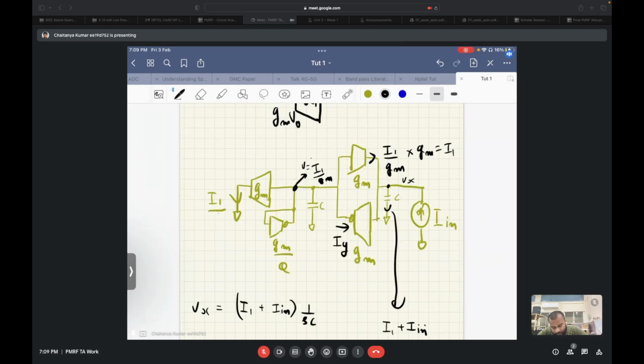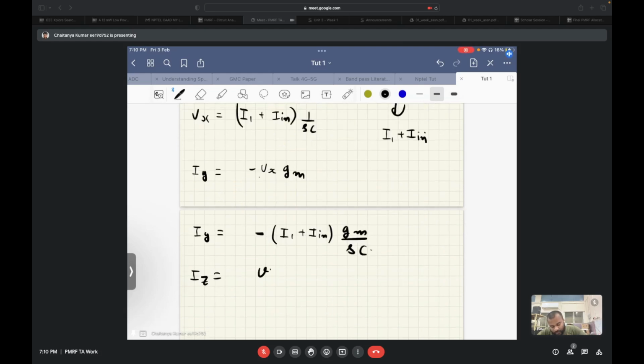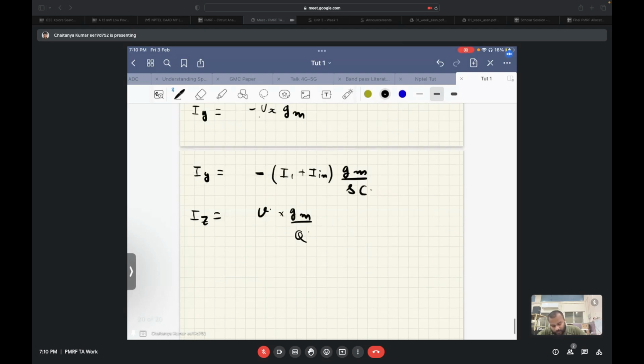Now, if this voltage V is I1 by GM, the current that this transistor will be sinking in, let's call this IZ. So IZ will be nothing but V times GM by Q. And what is V?